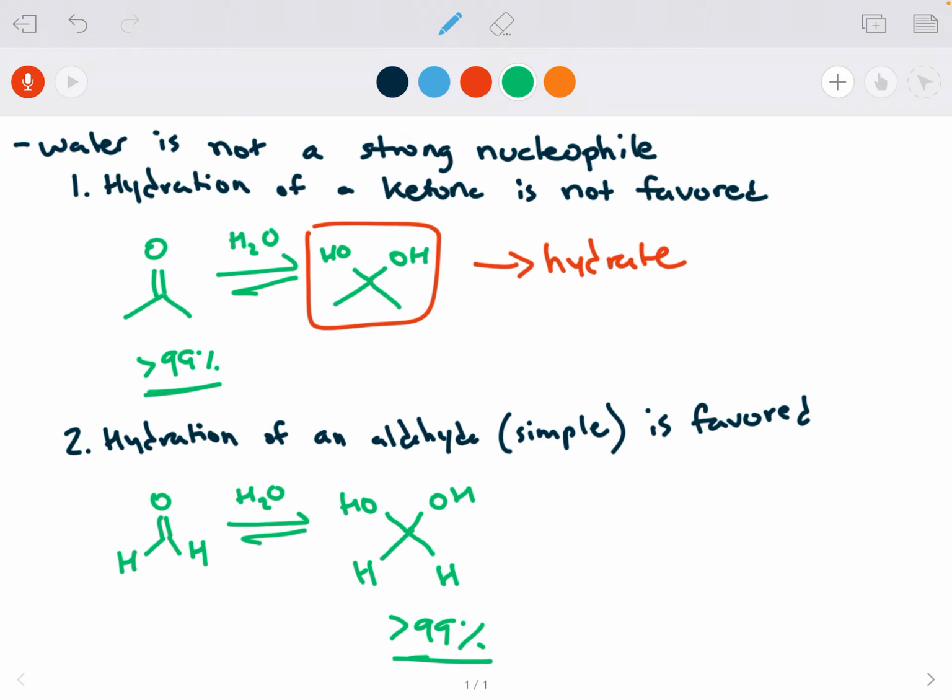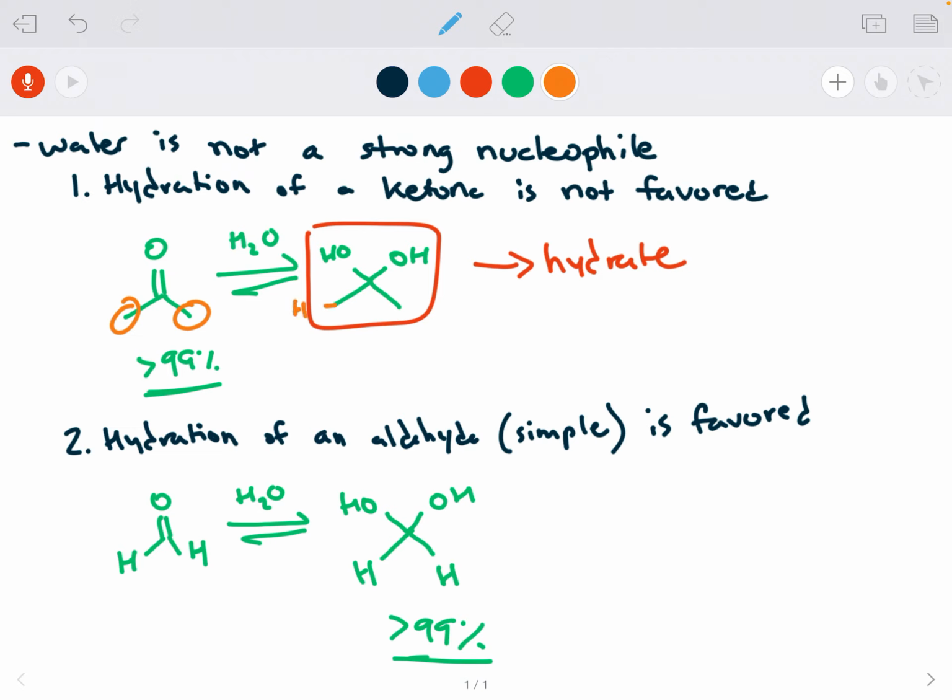Now, why does it work for something like formaldehyde but not for a ketone like acetone? The key is in the methyl substituents they have in the ketone, or the R groups, whatever you're going to have in your ketone. These methyl groups each have 3 hydrogens on them, so there is a lot of electron density going on.